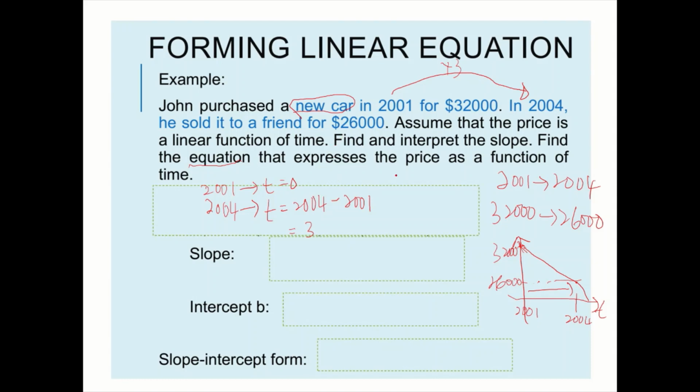Then from here we can form 2 points. The first point is (0, 32,000), and the second point is after 3 years, (3, 26,000).